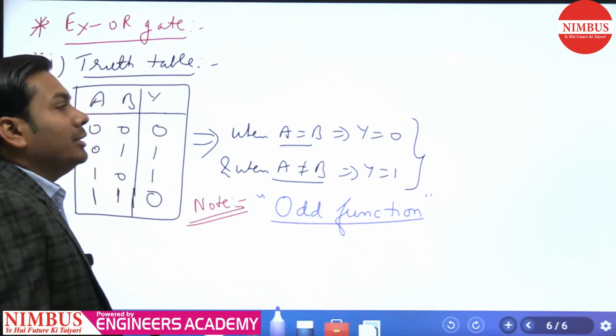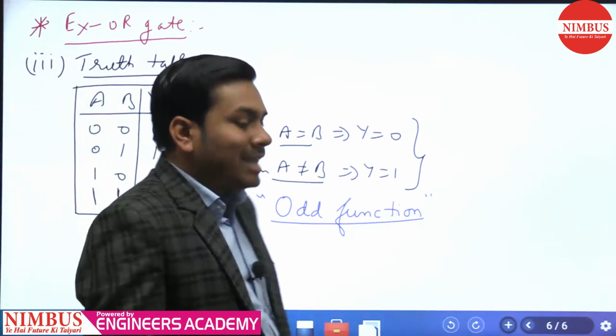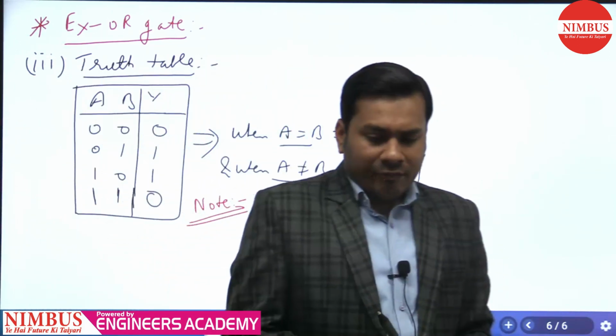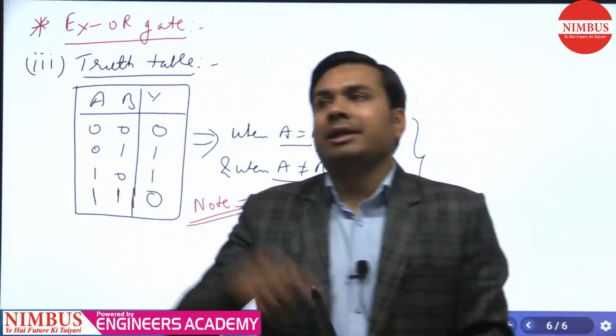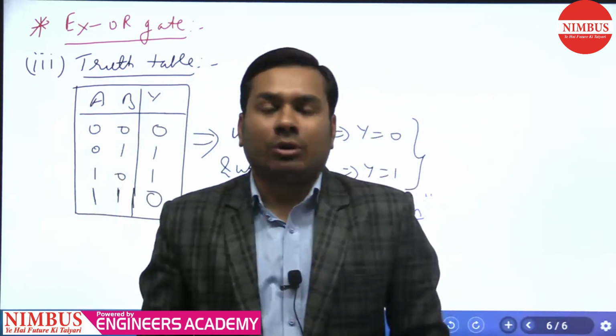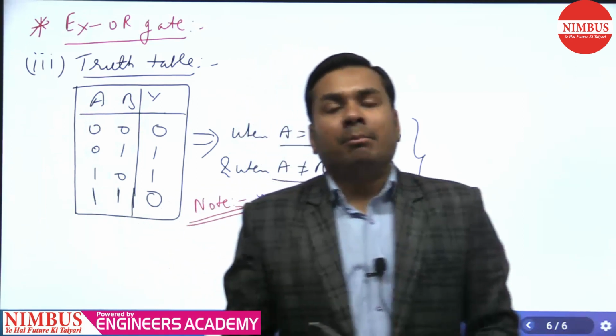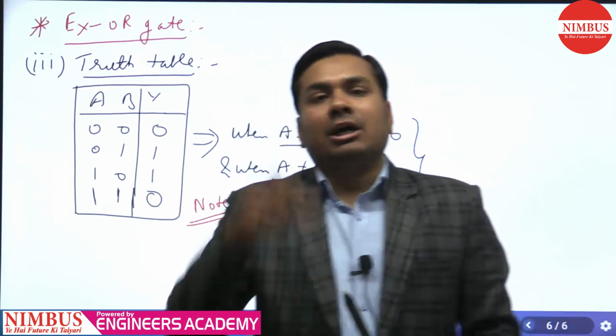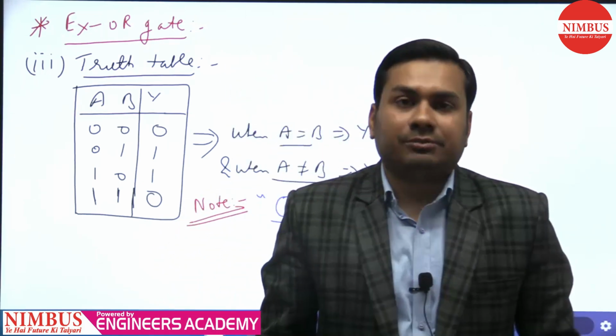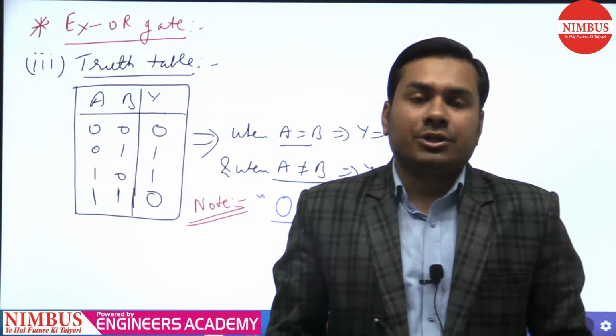In some exam questions you have a circuit, and after simplification you get an XOR expression, but in the options you have odd function instead of XOR.